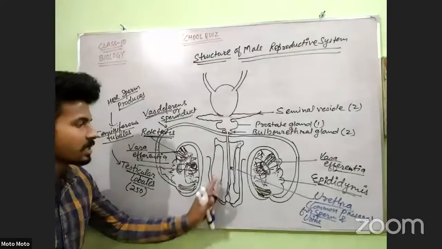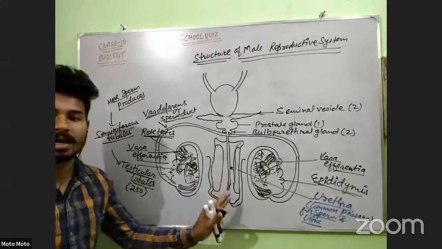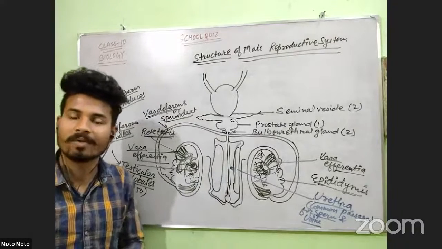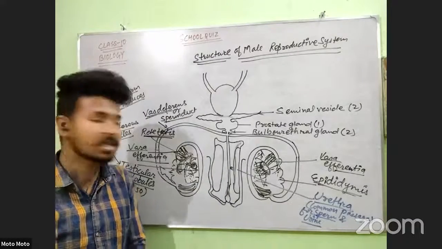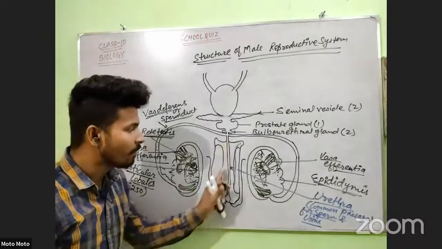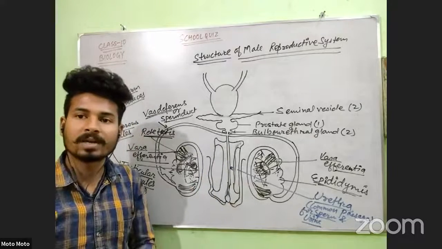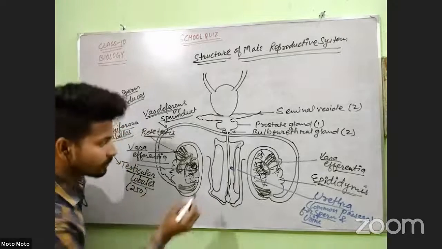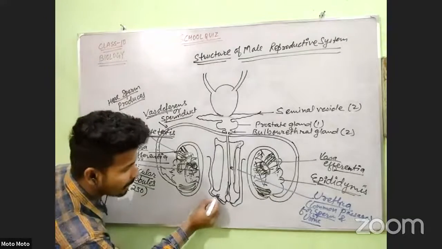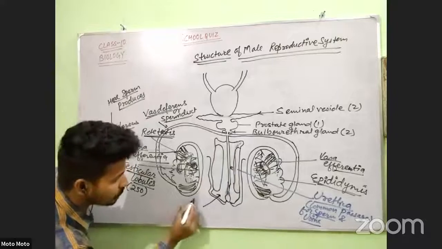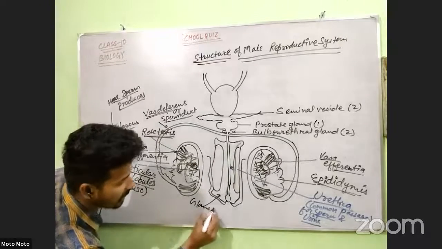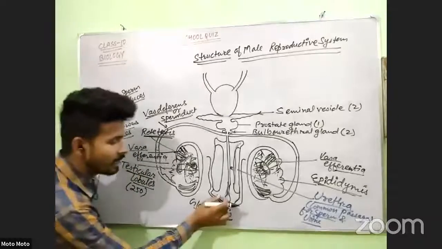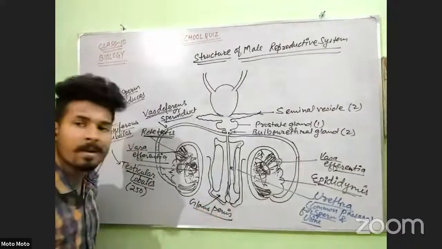This is the part which penetrates into the vagina of the female reproductive system, and this is the part from where our sperm is delivered into the vaginal opening of the female reproductive system. Got it? And this upper section is called the glans penis, or we can directly say penis. This is the penetrating part, so it is named the penis.